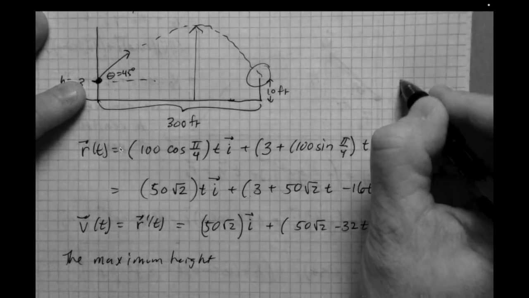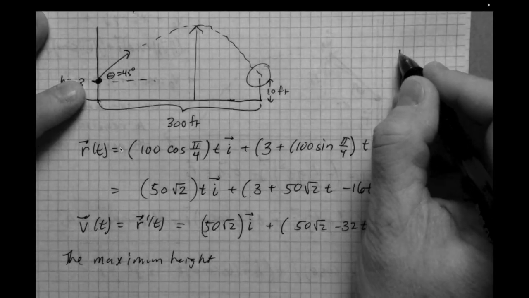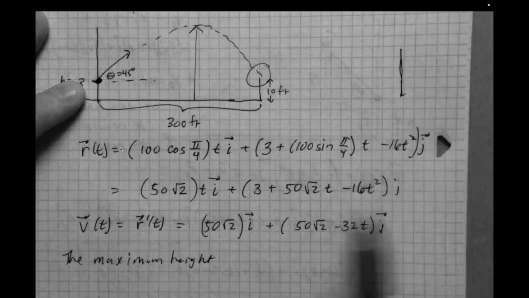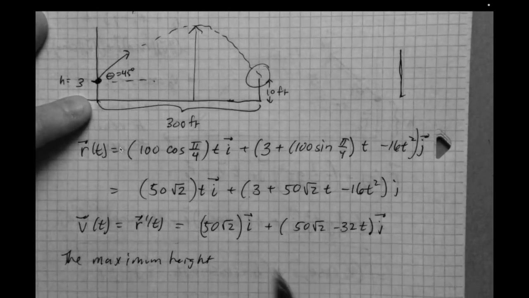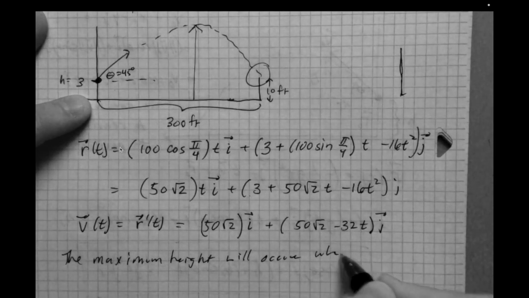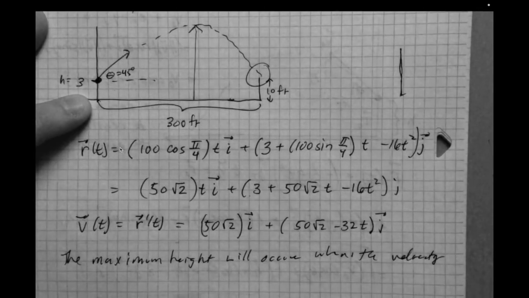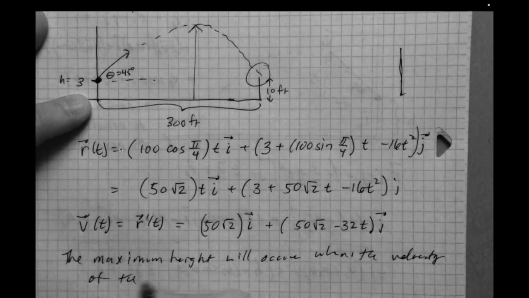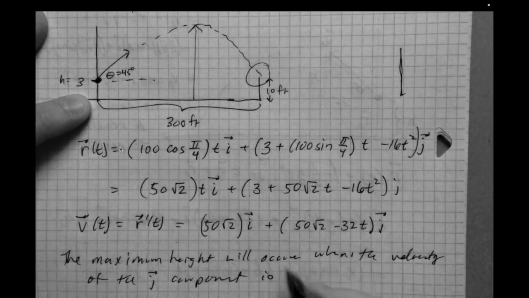It'll go up for a while and have positive velocity, and then it'll stop and come back down. So we want to know precisely when this is 0. So the maximum height will occur when the velocity of the j component is 0.